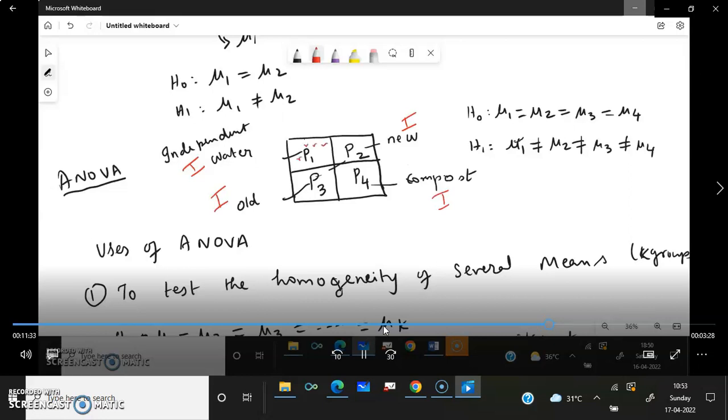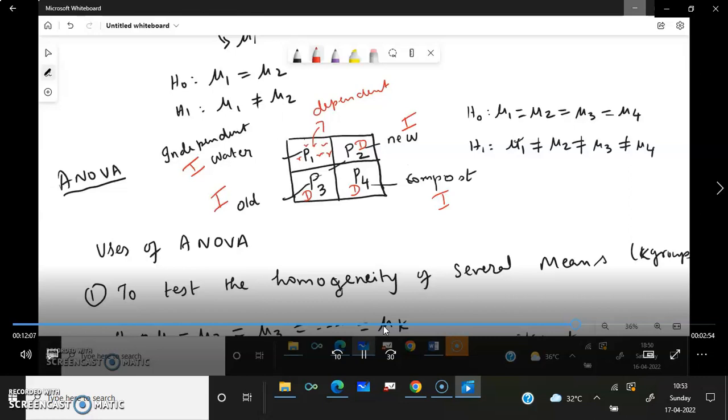How the crop P1 grows depends upon the water you are using. That is the dependent variable. Here also the growth of crop P2 is dependent, growth of crop P3 is dependent, growth of crop P4 is dependent. So there are 4 independent variables and 4 dependent variables in this example, right?